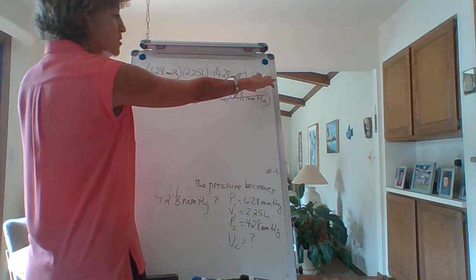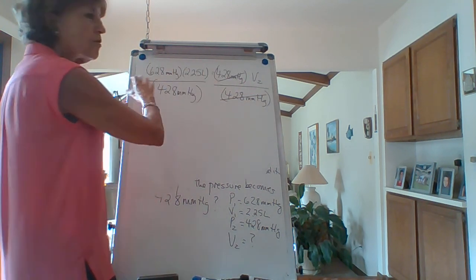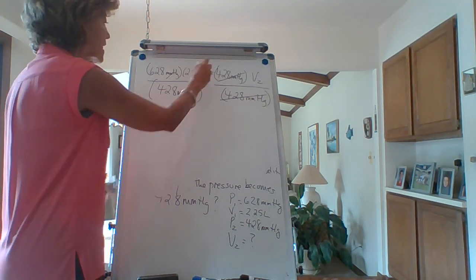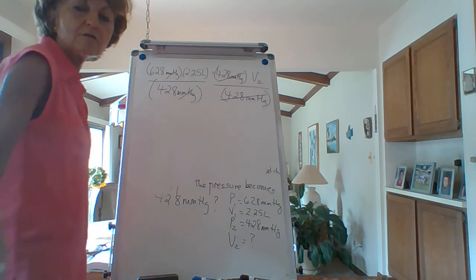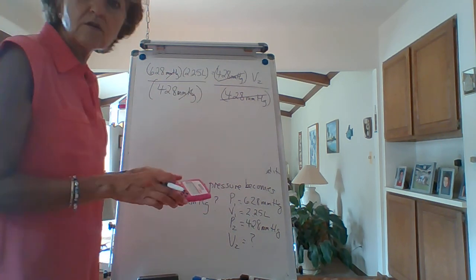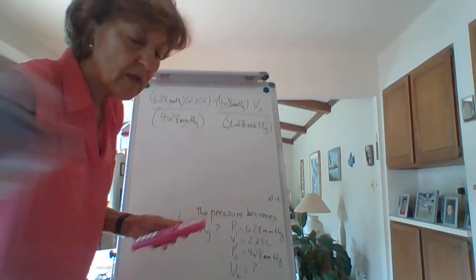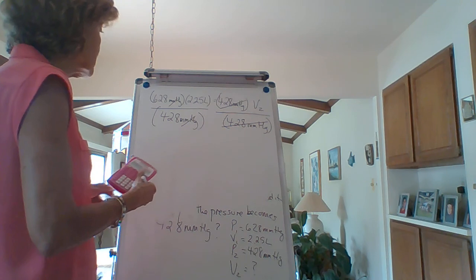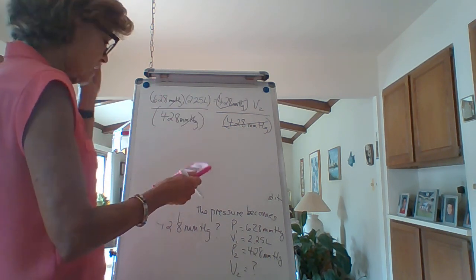So I have V2 by itself and all the numbers on the other side. Millimeters of mercury will cancel. I'm going to end up with liters. So now everything in the numerator, press multiply, everything in the denominator, press divide, and you should get the correct answer. Put my glasses back on again so I can see what I'm doing.